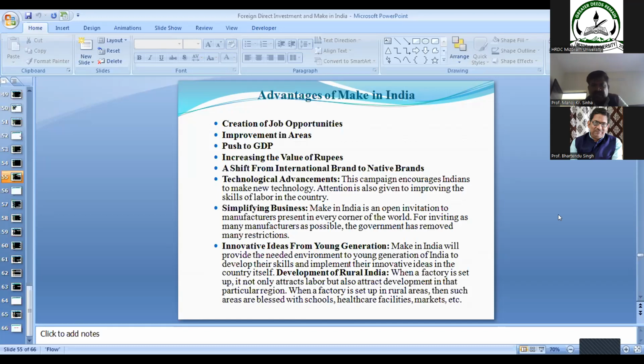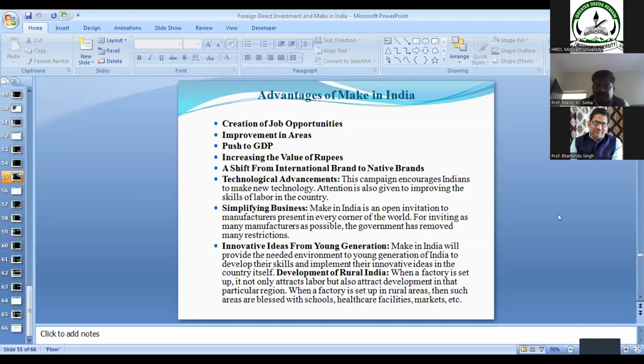Technological advances: with FDI in the manufacturing sector, India will definitely get new technology and improve the skills of labor also. Simplifying business: Make in India is an open invitation by our Prime Minister to set up manufacturing in India and is offered to everyone from every corner of the world, and the government is ready to remove restrictions and make it investor friendly.